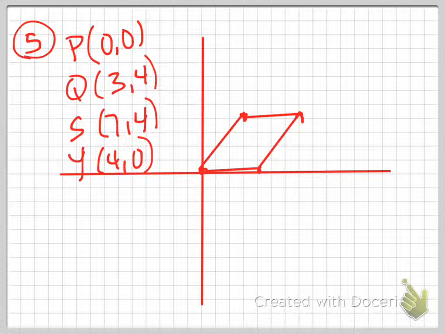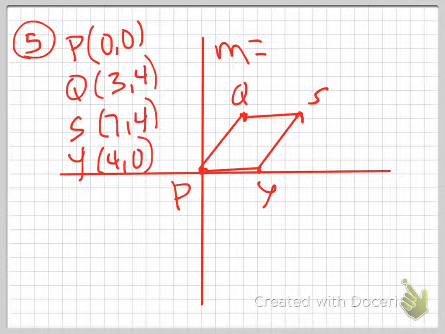How can we use slope to determine whether or not things are parallel? If they have the same slope, they're parallel. Correct. So, here's P, here's Q, here's S, and here's Y. What's the slope of QS? Remember, for slope you have to do y minus y, 4 minus 4, over 7 minus 3, and now here's 0.